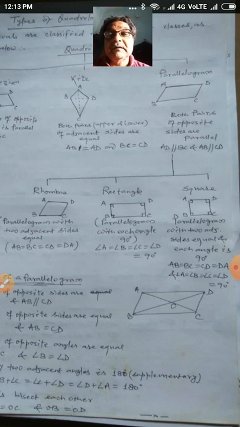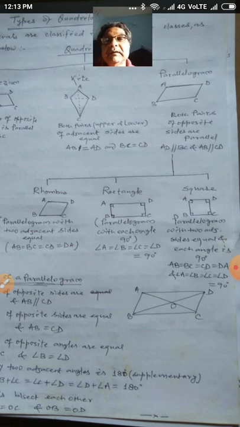Fourth property is the sum of any two adjacent angles is 180. That is, angle A plus angle B equals angle B plus angle C equals angle C plus angle D equals angle D plus angle A, means the sum of any two adjacent angles is equal to 180. And the fifth one is, in a parallelogram, diagonals bisect each other. That is, AC bisects BD, while BD bisects AC.